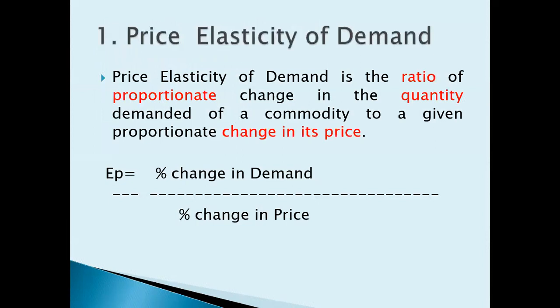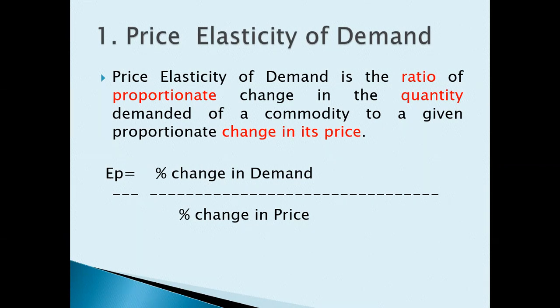Now, price elasticity of demand is the ratio of the proportionate change in the quantity demanded of the commodity to a given proportionate change in the price. Means what? It is the ratio of change in the demand upon change in the price.